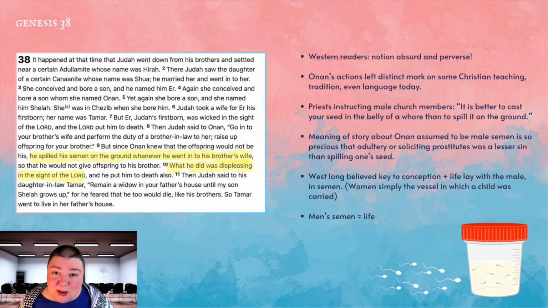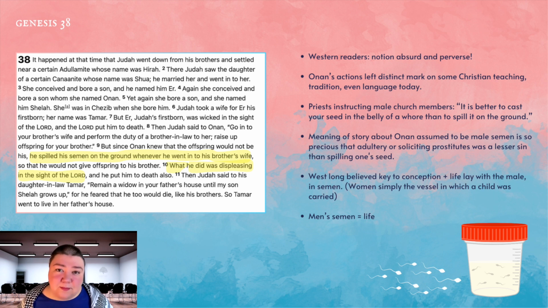A lot to unpack here, and at every level, we as Western readers are perhaps left with a sense of absurdity, even perversion at how this all plays out. Asking a brother-in-law to inseminate his widowed sister-in-law, what on earth? Now, the story of Onan and his actions have left a rather distinct mark on some Christian teaching, tradition, and even language today.